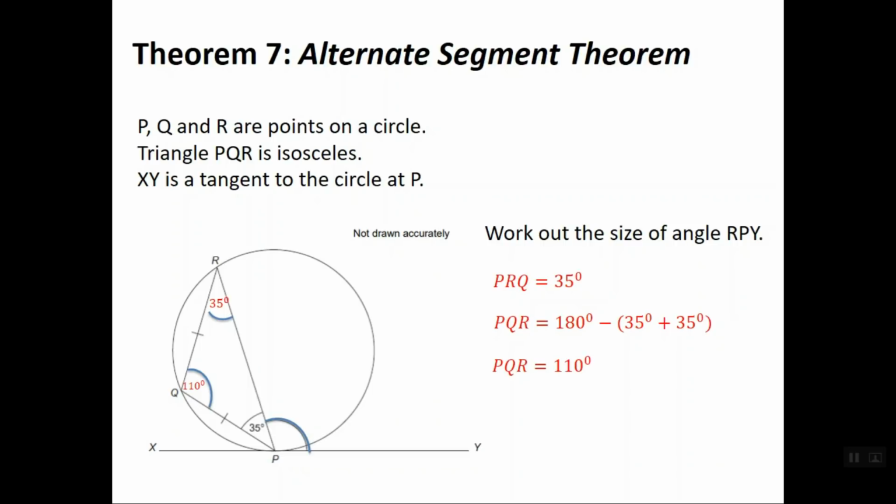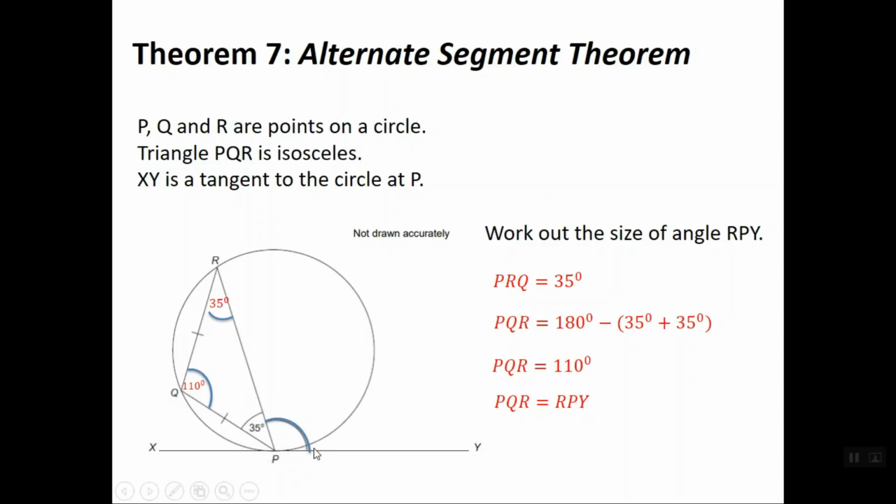Okay, the next thing that I know is that angle RQP, the one that I just found to be 110 degrees, so angle RPQ, which is this angle here, would be equal to angle RPY, the angle I'm trying to find. And how do I know that?